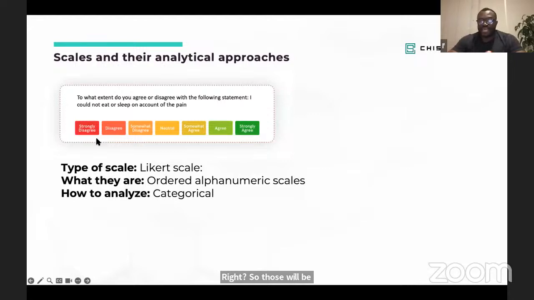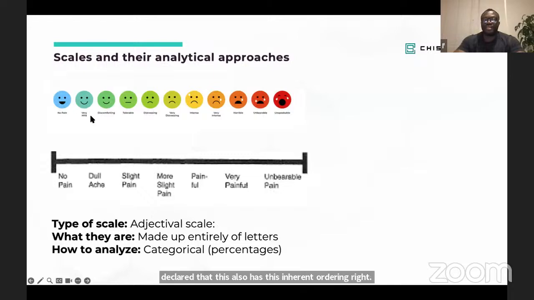And then you have Likert scales or Likert-type scales, where, for example, you have strongly disagree to strongly agree. Obviously, it should be clear that this also has this inherent ordering, right? The same with this. So these are adjectival scales, but you can see that there's an inherent ordering in the values from no pain to unspeakable pain.